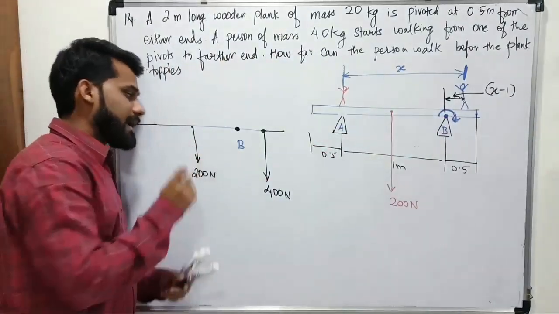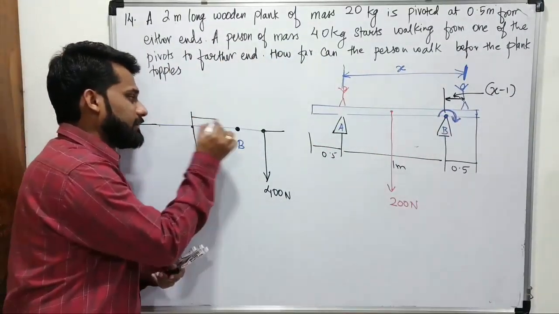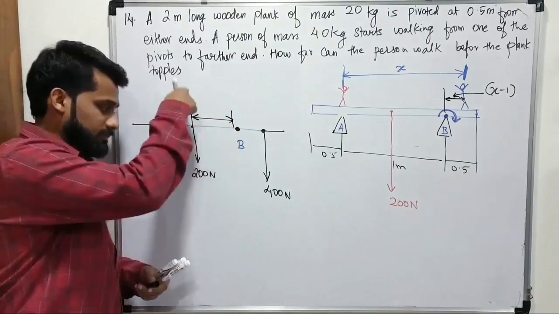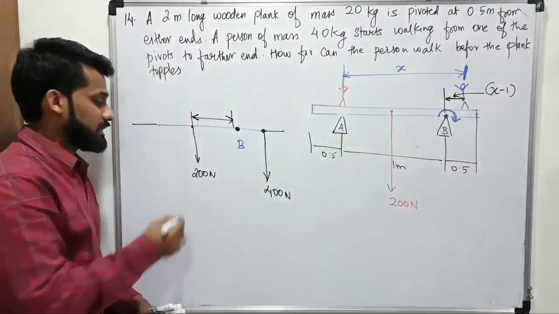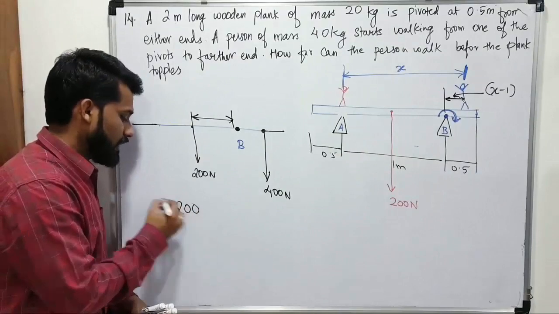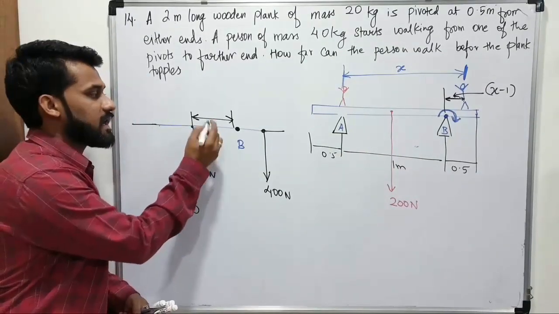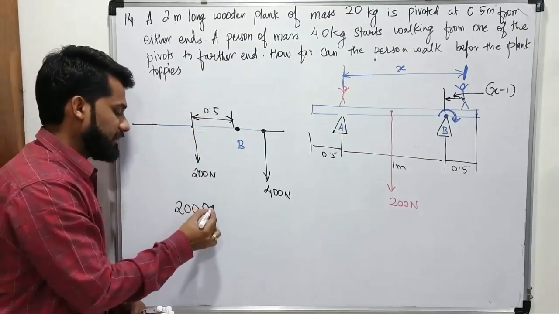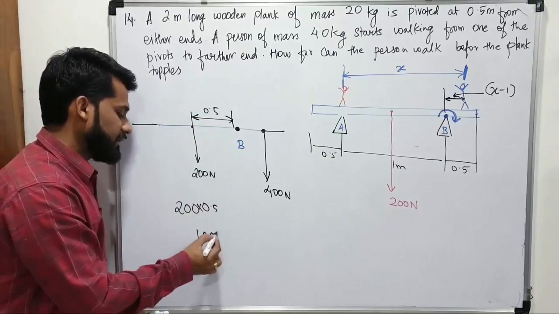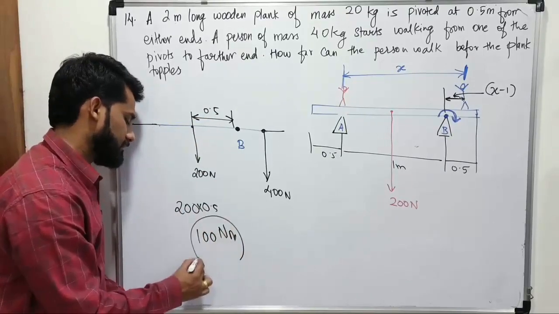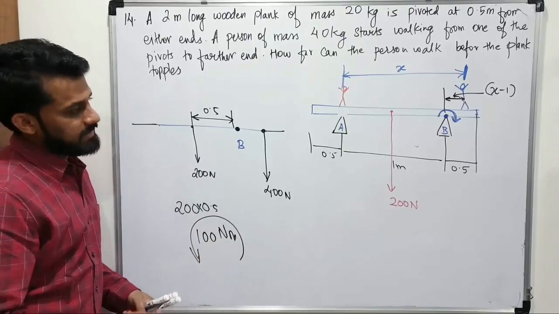So how much torque is the weight of the plank applying? The torque applied by the weight of the plank is 200 into this distance, which is half, into 0.5, that is 100 Newton meter in anti-clockwise sense.